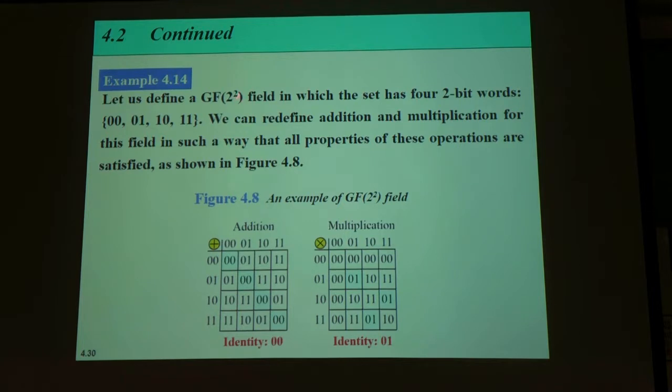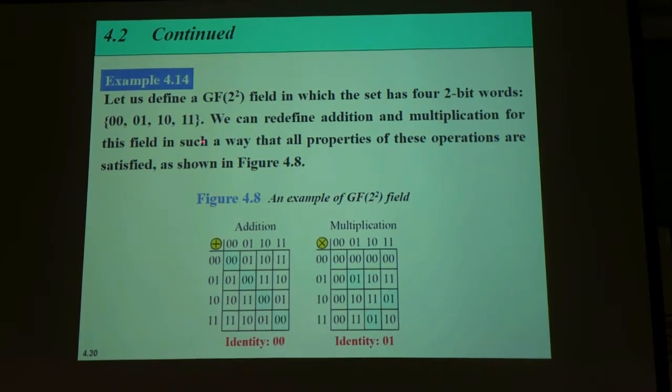Because how many numbers could we generate? 0, 1, 2, 3. How many bits do you need to represent it? 2, right? To write the 3 in binary, how many bits do you need? 2. So 00, 01, 10, 11.